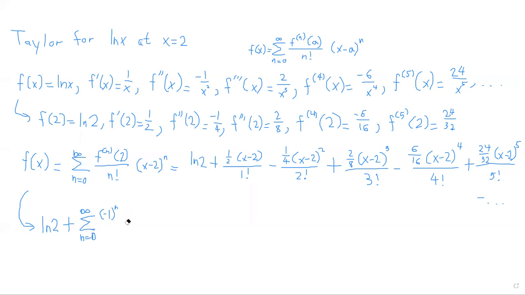Okay, so it's n minus 1 factorial, because 0 factorial is 1, 1 factorial is 1, 2 factorial is 2, 3 factorial is 6, 4 factorial is 24, over 2 to the power of n plus 1.